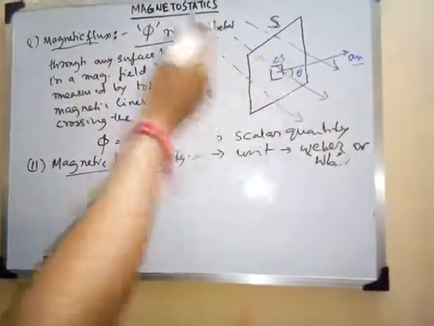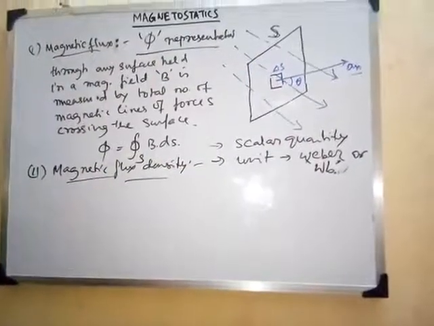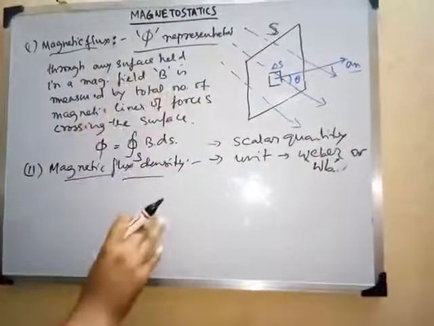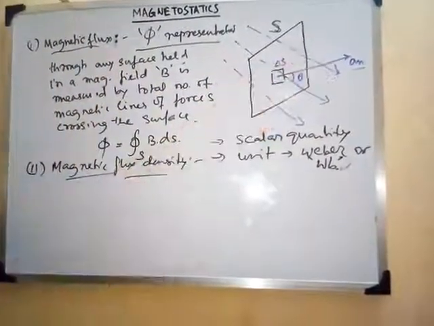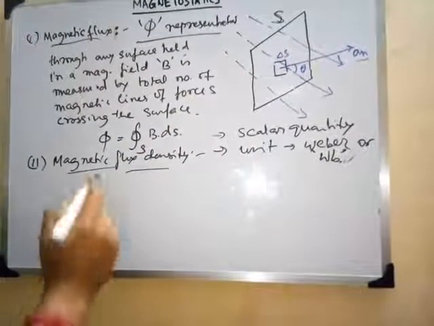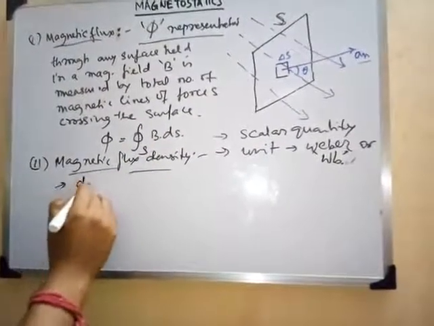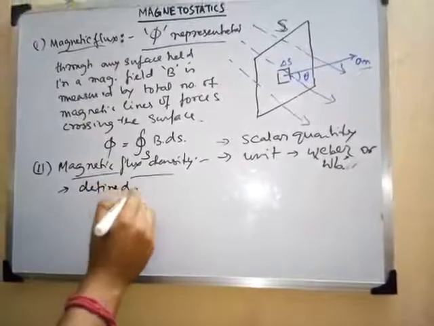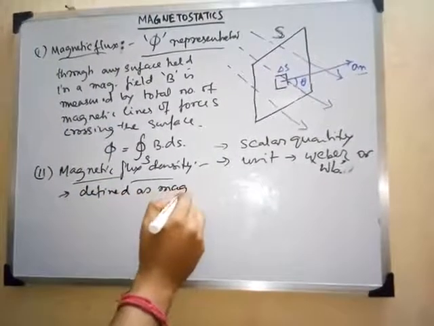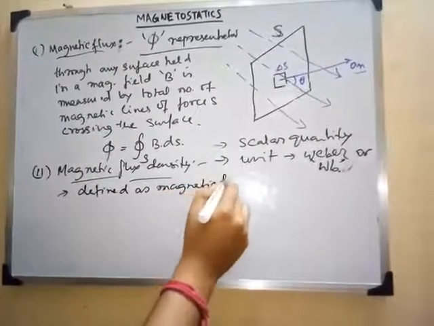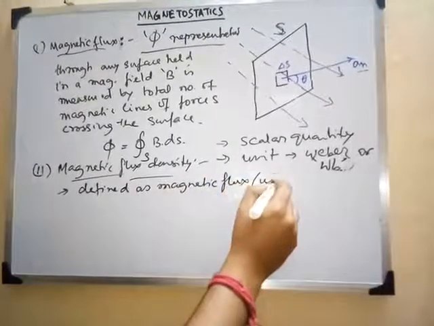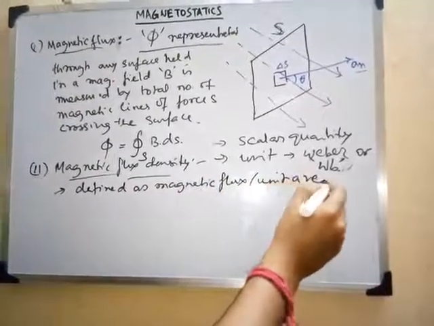If this unit area is del S, you define how much flux is present in this particular small section of the area. So it is defined as magnetic flux per unit area, number one.